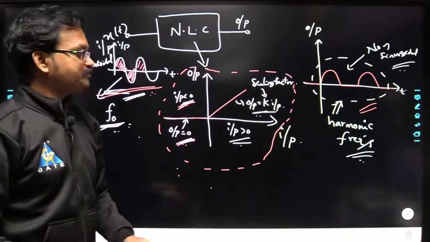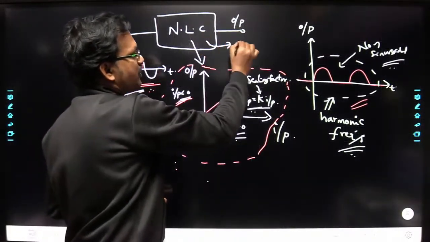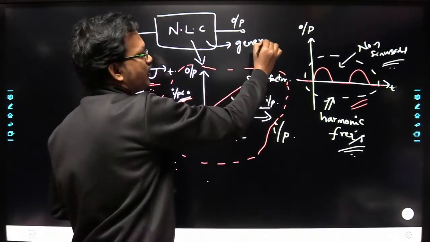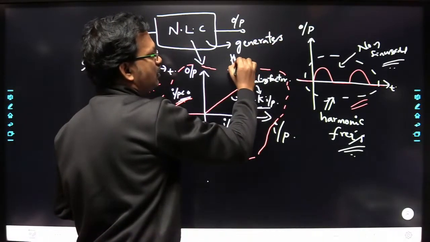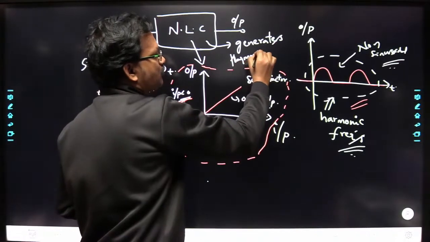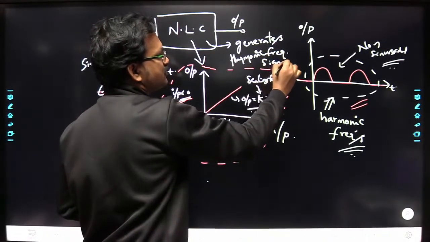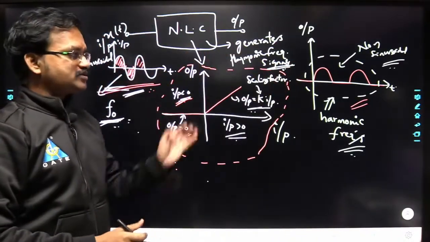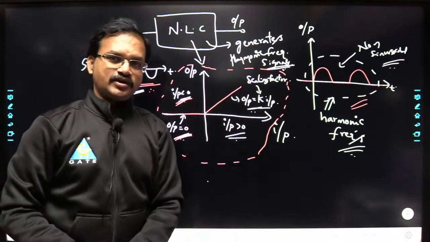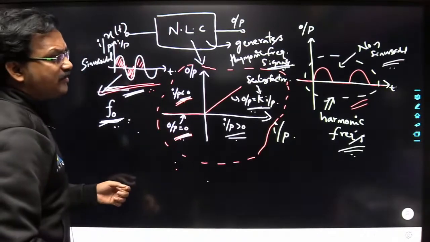A non-linear circuit always generates harmonic frequency signals, and because of the generation of these harmonic frequency components, the output waveform gets distorted. That is what this non-linear circuit is doing.